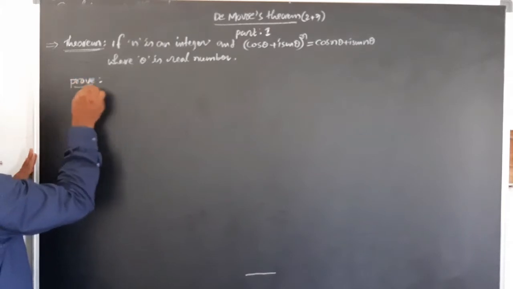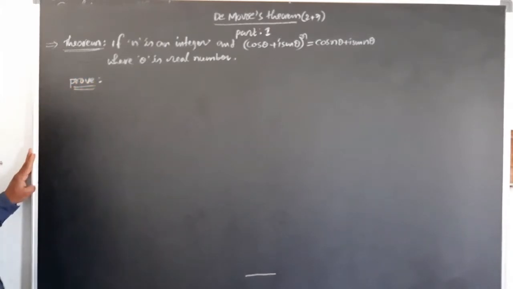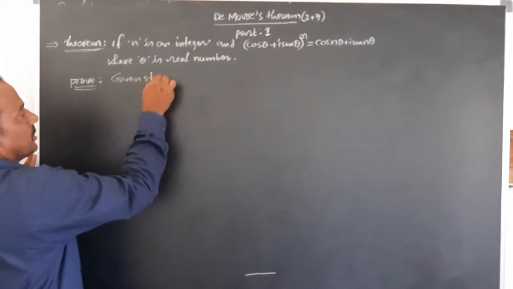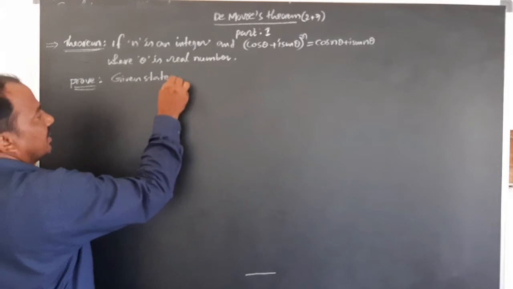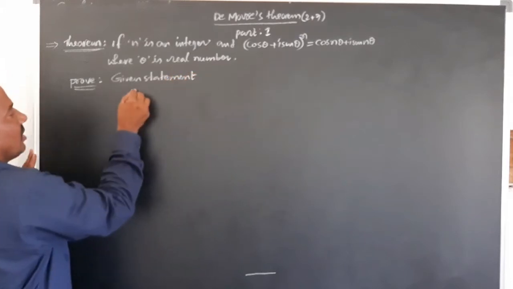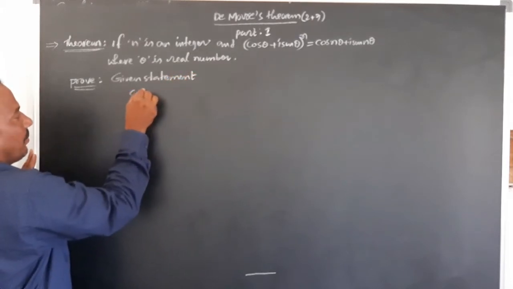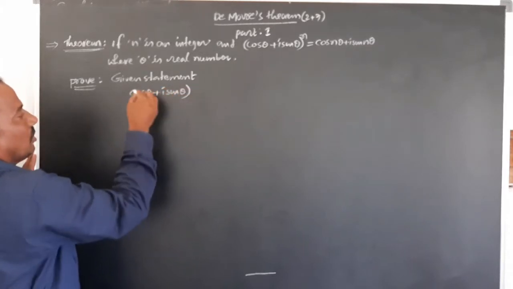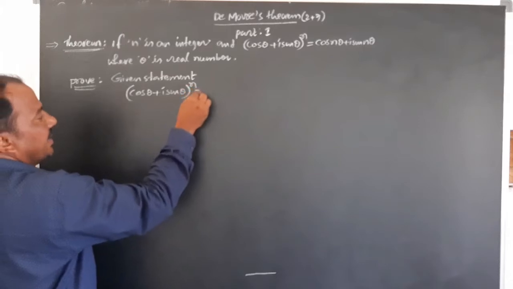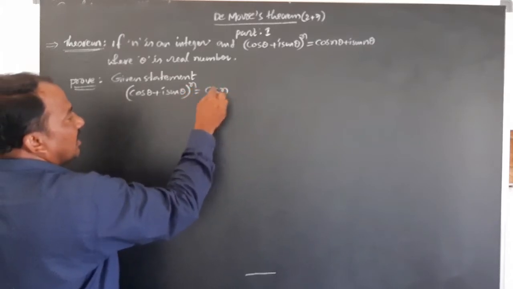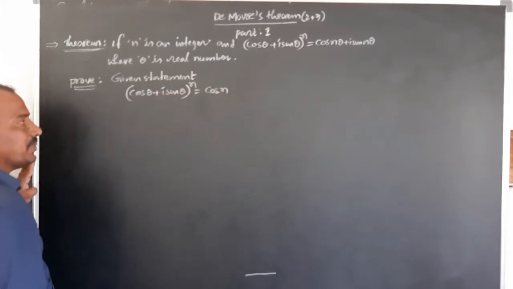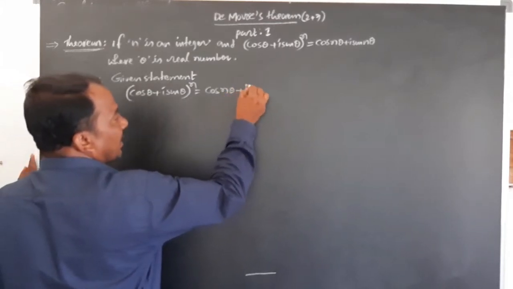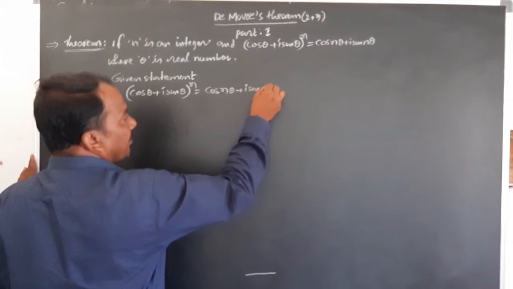Prove. So the given statement is (cos theta plus i sin theta) whole power n equals cos n theta plus i sin n theta.